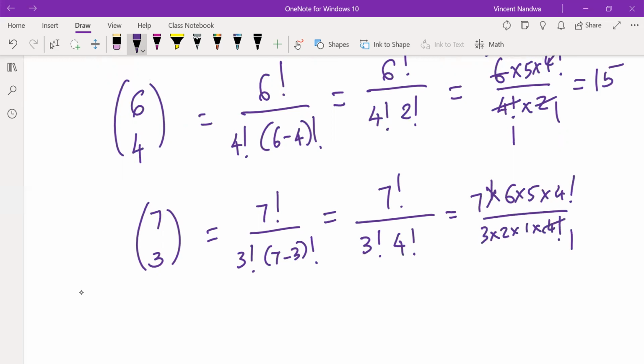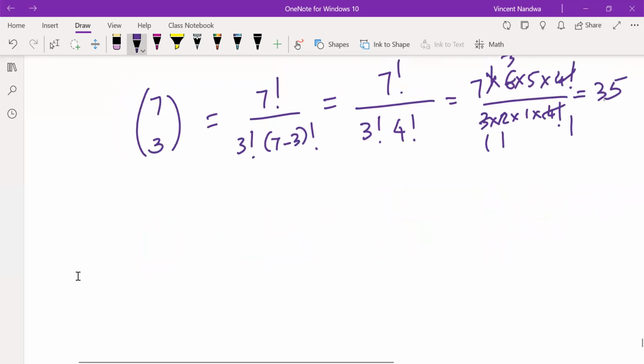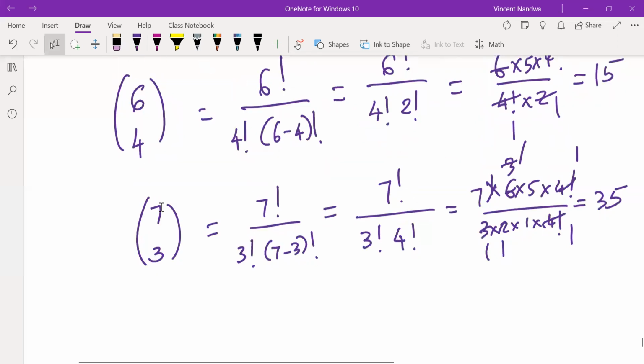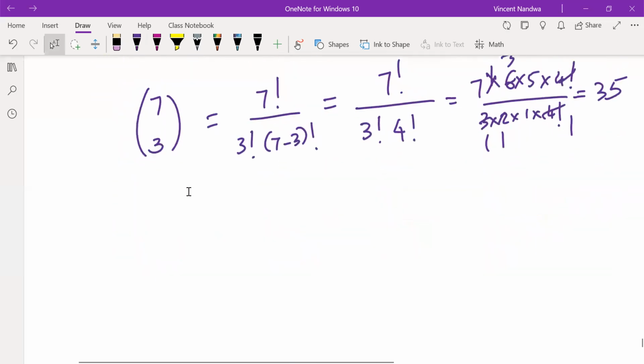So this will be 35. So that is how we define binomials when n is a positive integer. And this is the way we calculate combinations.